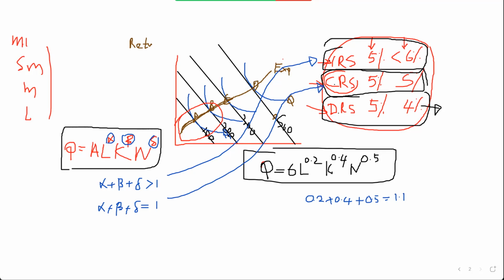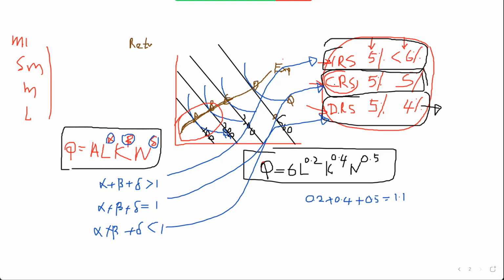To get additional profit, more profit, you then need some other boost, some other way to address the matter. Now, if adding this alpha, beta, gamma is less than 1, your firm is in decreasing return to scale. So there the problem comes.